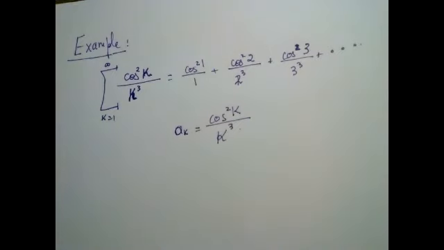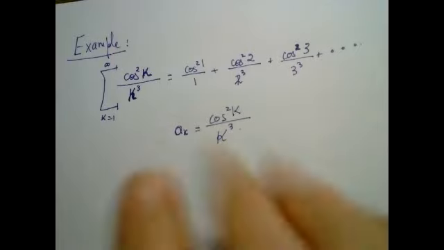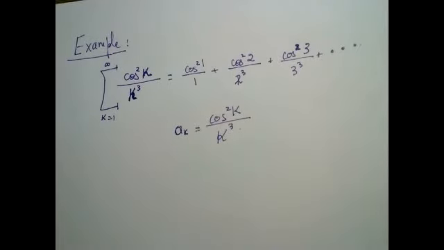Now, the limit comparison test is almost hard in this case. Why is the limit comparison test hard in this scenario?